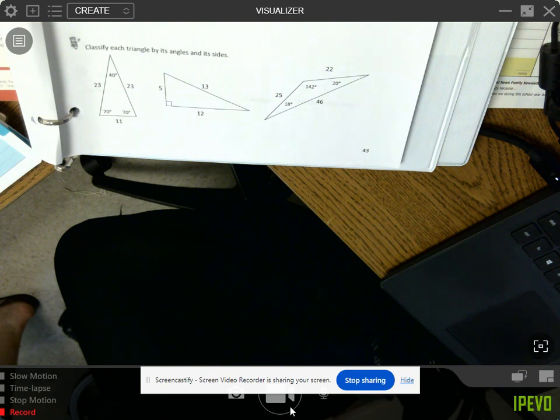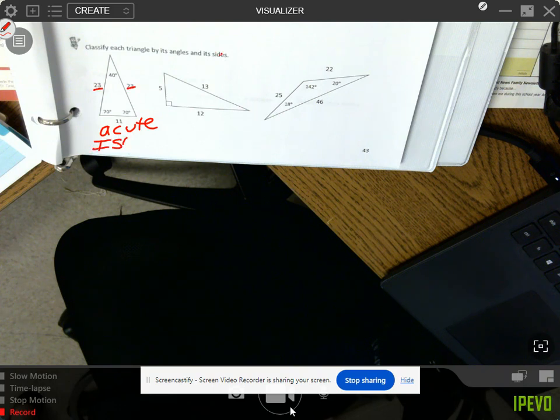So if we look at that first triangle, it's saying angles first, so I'm going to put the angle name first, just to keep it straight. What is an angle name for this triangle, Damien? Isosceles and acute. So the angle name would be acute, because that's talking about our angles, and then the side name, I know two sides are the same, so it is an acute isosceles triangle.